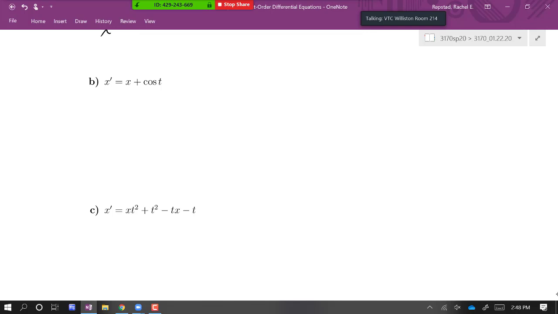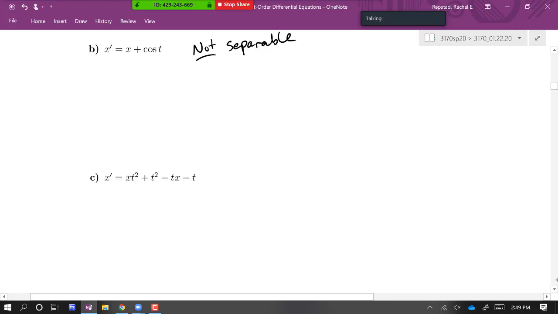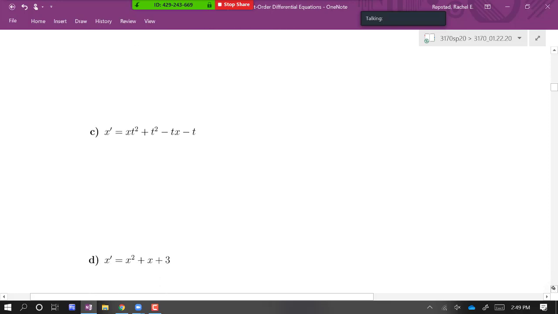No. Yeah, I agree. We can't. What we have is a function of x's plus a function with t's, but that's not good enough. That's not what we need for it to be separable. So this is not separable. We just can't do it. Let's do the next one.